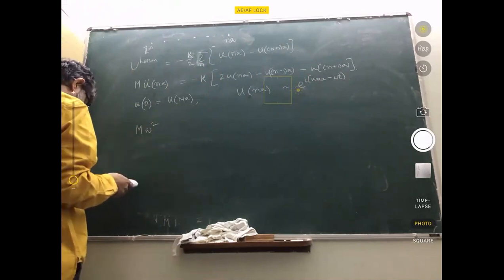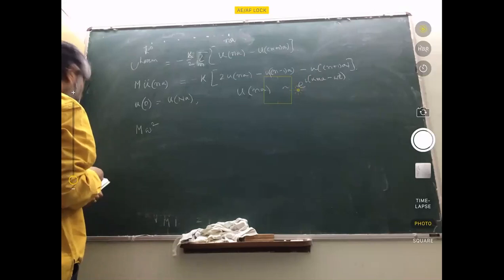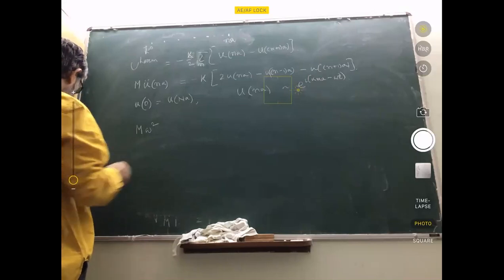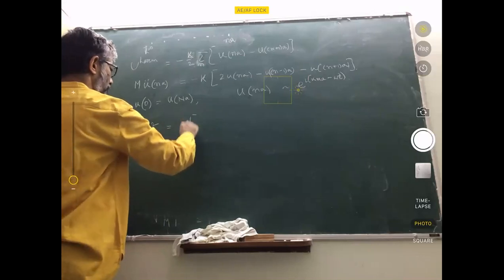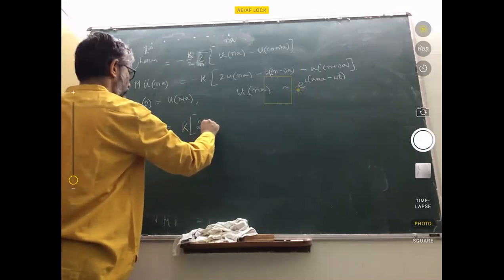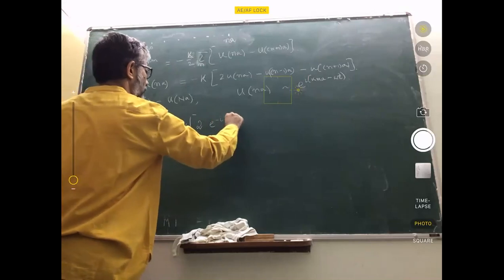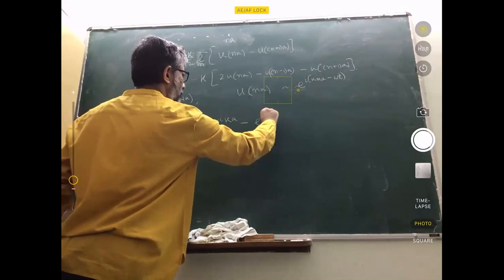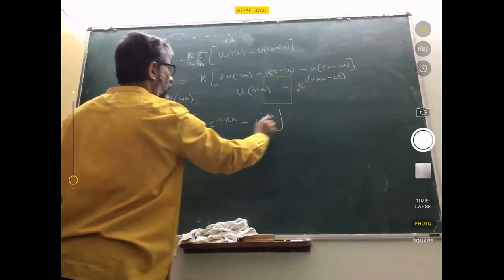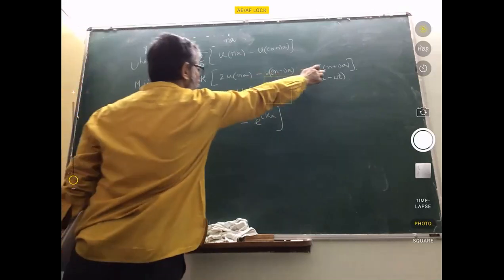Okay, so now you put that into that equation, so you will get something involving omega square. Some factors would cancel out. So eventually we will get, one will come from this, the other will come from that.